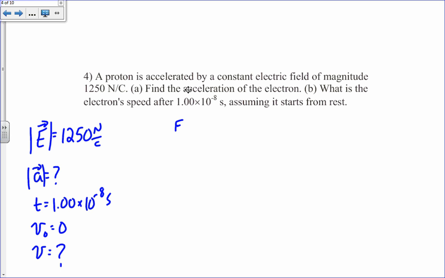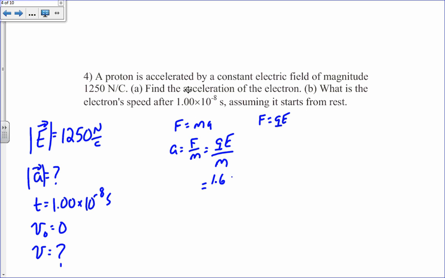I know from Newton's second law, F equals ma, so my acceleration is equal to F over m. In this case, the force that I have applied here is an electric force. I know that F is equal to QE. That is the force due to an electric field, the charge times the magnitude of that electric field.